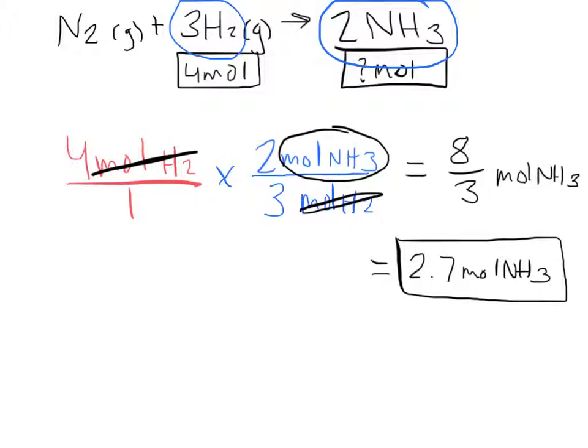But in this particular situation, it's asking us, what if we had 4 moles of this instead of 3? Well, you start off with the 4 and you use the ratio, the 3:2 ratio right here. The 3 has to be on the bottom because the moles of H2 has to be on the bottom, so they cross cancel. You multiply by that ratio and that gives you how many moles of NH3 we would end up with.